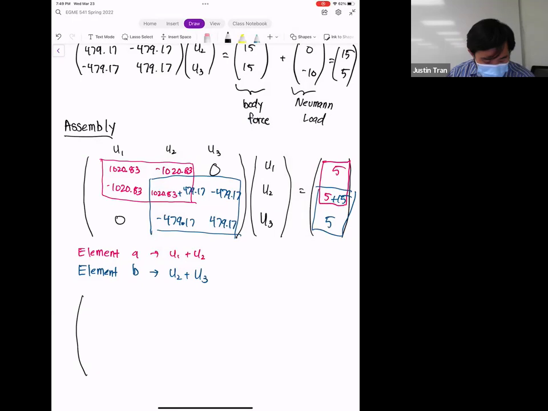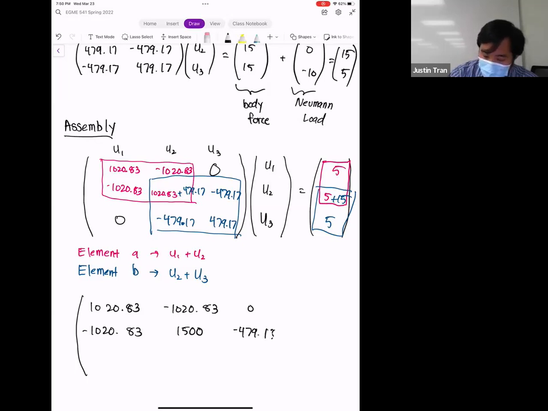If we clean this up, we get 1020.83, minus 1020.83, 0; minus 1020.83, here we have a 1500 because the two added together, minus 479.17; 0, minus 479.17, 479.17.